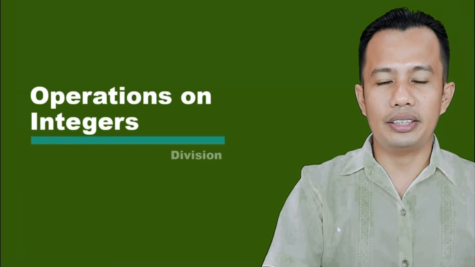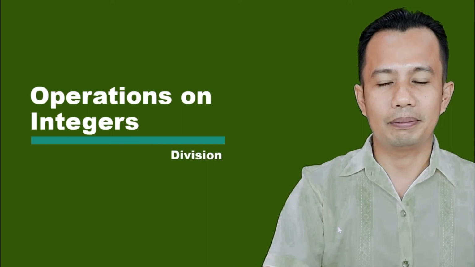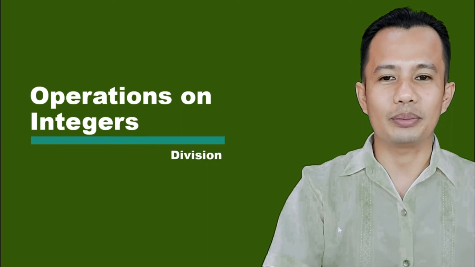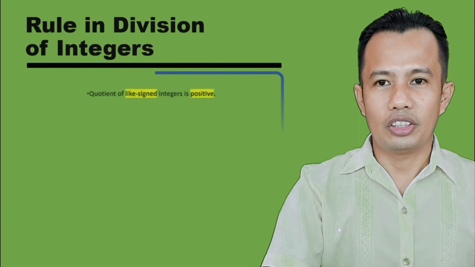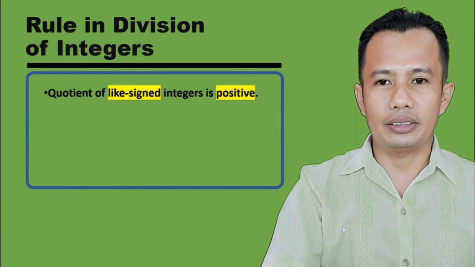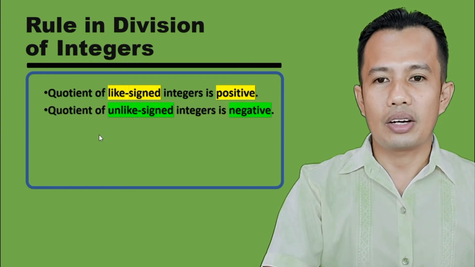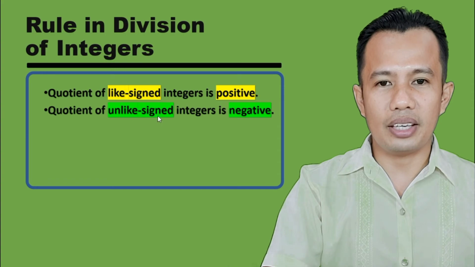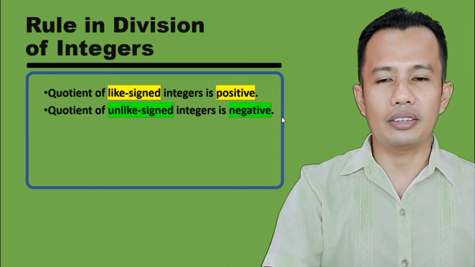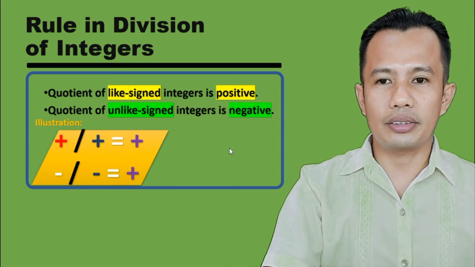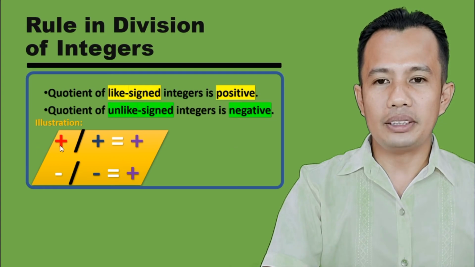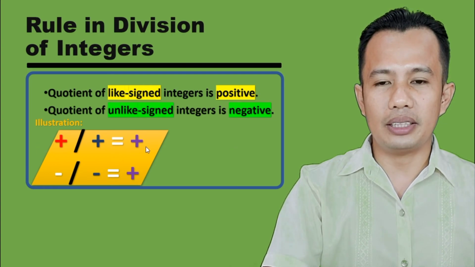Operations on integers: division. The last operation. Rule in division of integers: quotient of like-signed integers is positive, while the quotient of unlike-signed integers is negative. For you to easily recall, positive divided by positive is positive.